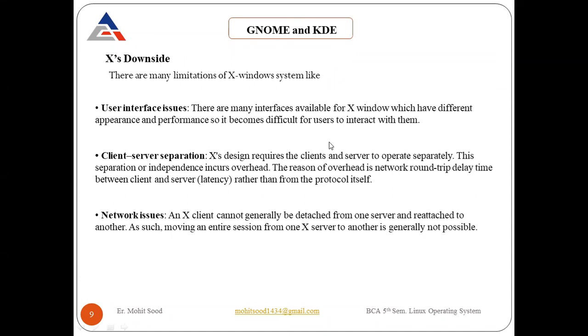The next limitation of X is client-server separation. X design requires the client and server to operate separately. This separation or independence incurs overhead. The reason for the overhead is the network round trip delay time between client and server, rather than the protocol itself.